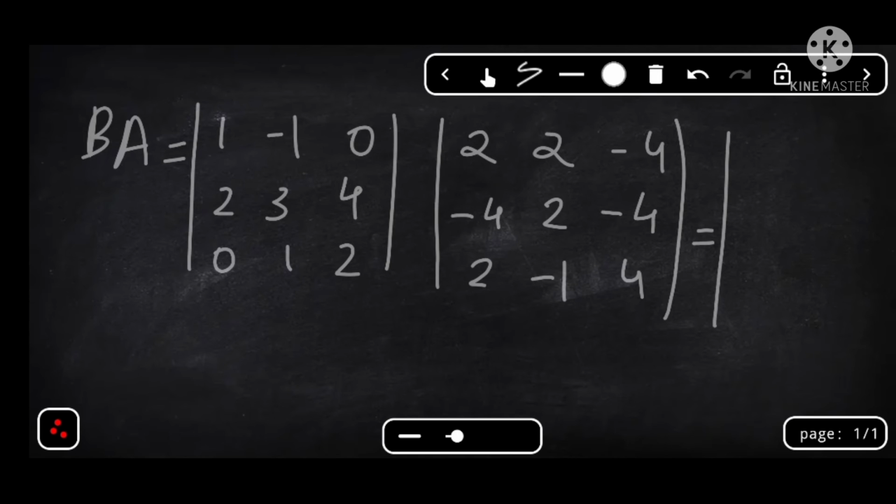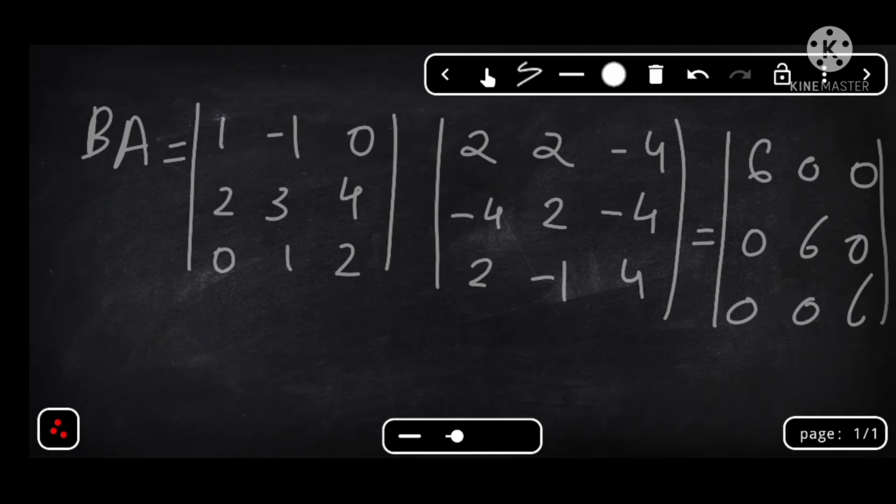So when we multiply these two matrices, we are going to obtain 600, 060, 006. That is the same as, if we take 6 outside, an identity matrix, right? So we can write it as 6I. Clear?